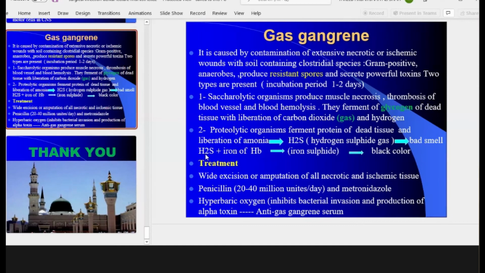Okay, so I will just go one by one, each slide back one by one, and I will just tell you which slides are important in terms of your MCQs. So you can concentrate on those slides. As for this one also, the gas gangrene is an important slide.